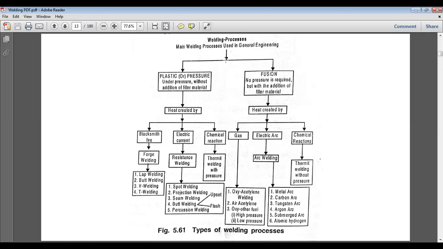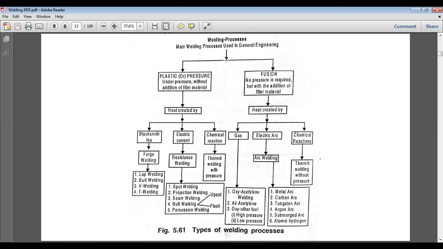If we categorize the welding process into two categories, one is plastic or pressure welding, the other is fusion or filler metal welding, fusion or extra material welding.